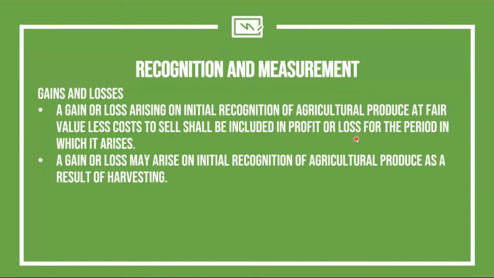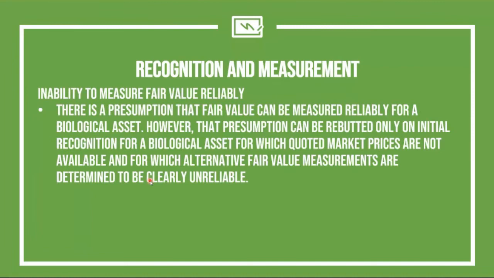So similarly, all gains and losses will be recognized in profit or loss. And a gain or loss may arise on initial recognition of agricultural produce as a result of harvesting also. So whether there is harvest, there is a newborn, or whatever, gain or loss can always be expected.